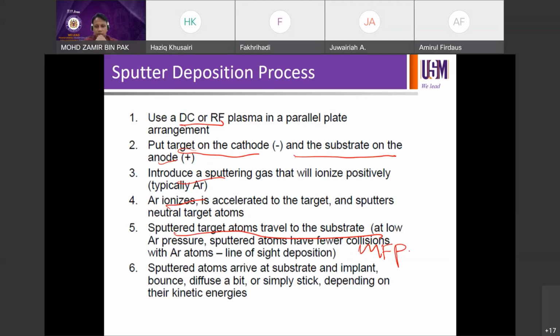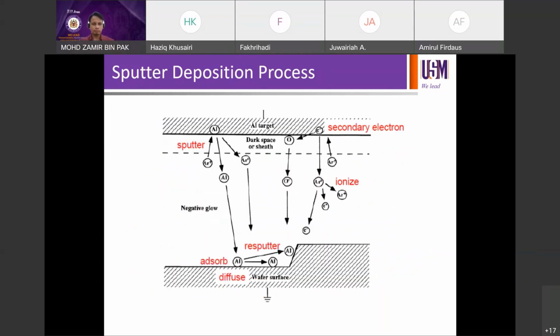So your MFP has to be bigger than H, or the physical distance between your target and your substrate, right? Sputtered atoms arrive at substrate and implant, bounce, and so on, depending on the energies of the process.